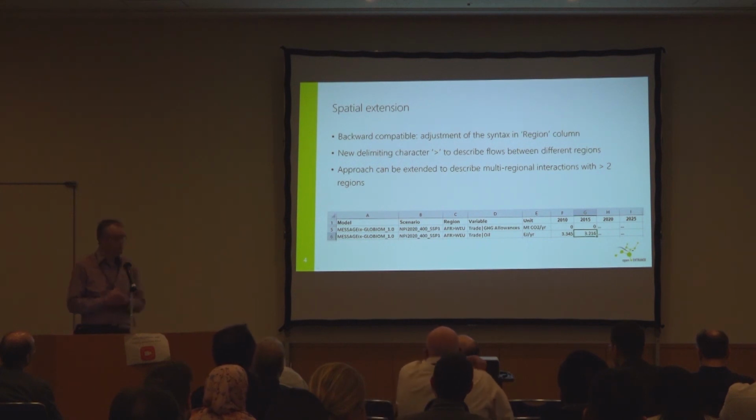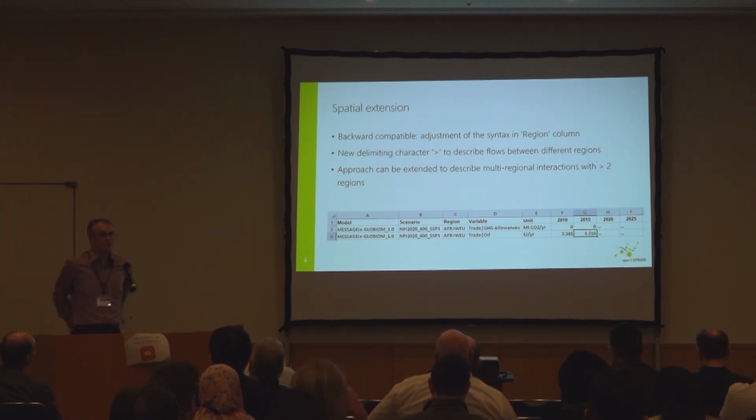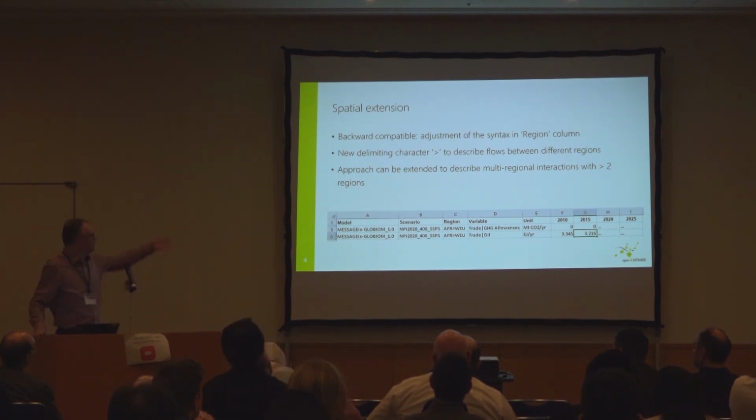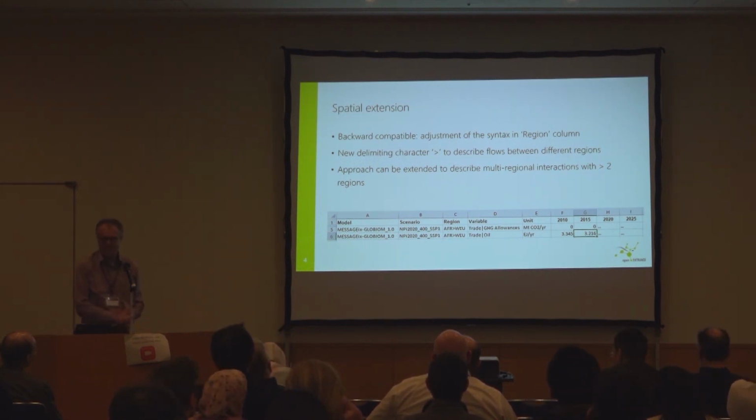We're going to do it a little bit more elaborate this afternoon, but expecting that many of you might not be there this afternoon, this is important for you to see, for all of you who work with the IAMC template on your output side, that there is now in the works, and I'm not completely sure about the status of it, whether you can use this now if you submit to the database, or whether this is coming soon.